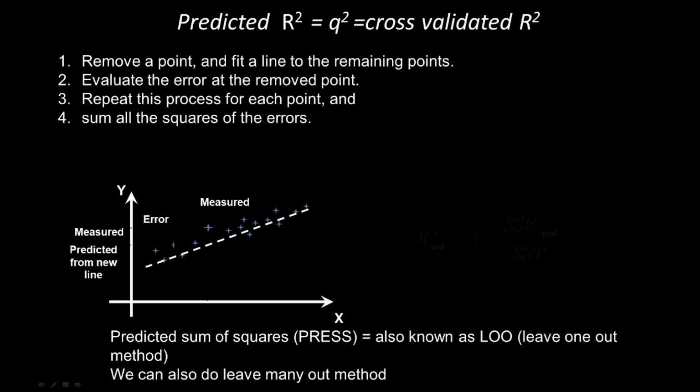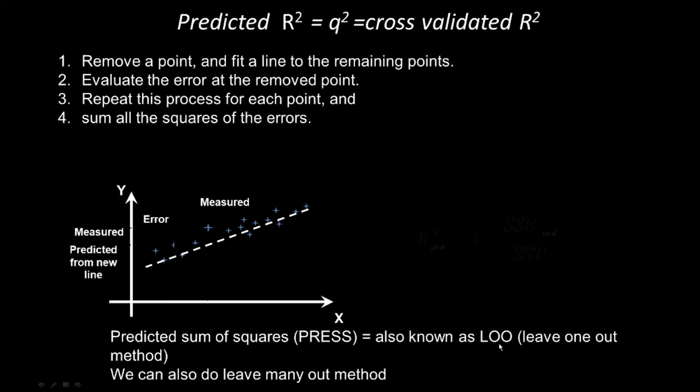Now you remove another point, keep the first point back, develop a regression model again, then predict the y value for that point, get the residual and square it. Like that we keep adding up all the sums of squares of the errors or residuals. That is called the predicted sum of squares, or PRESS.